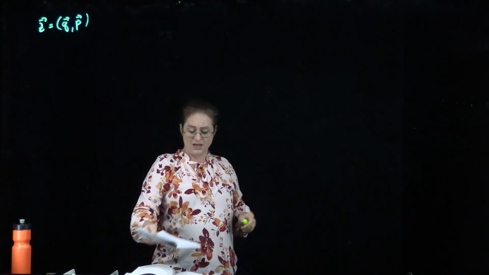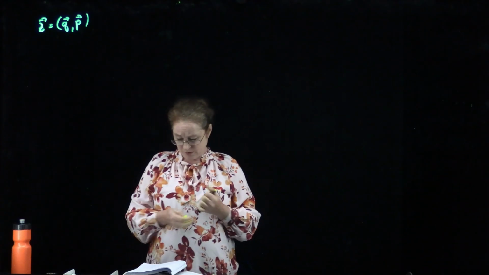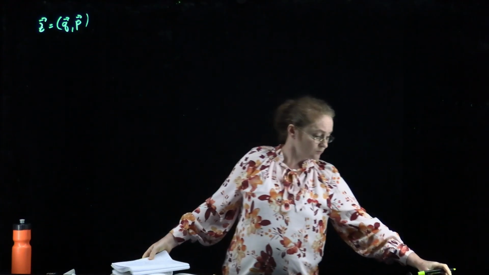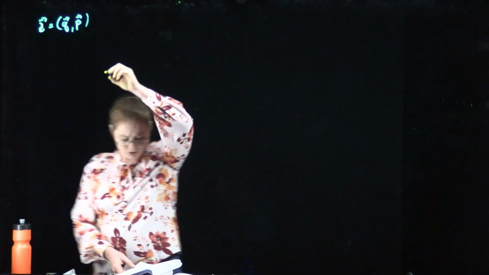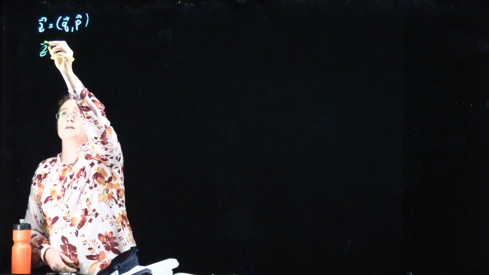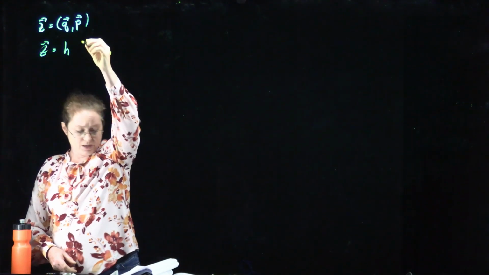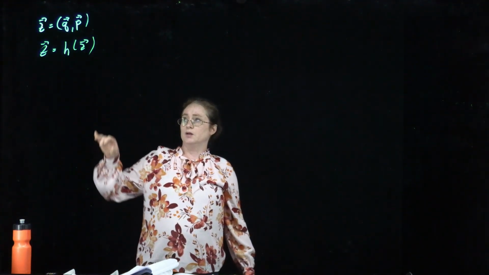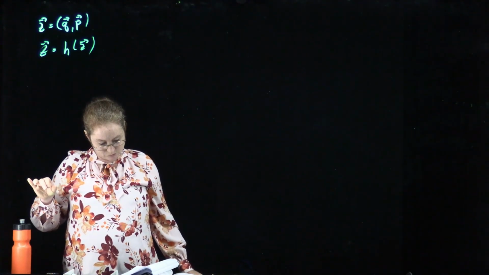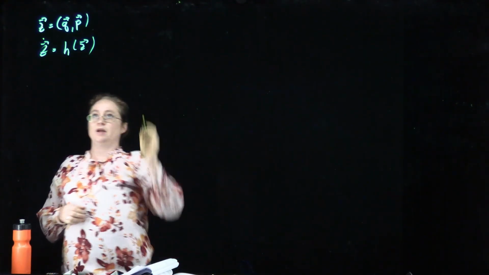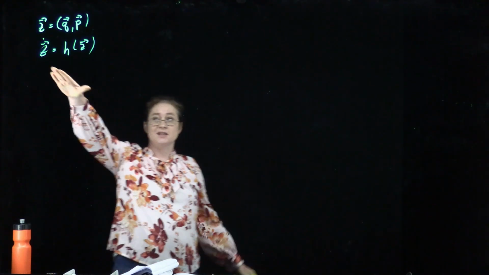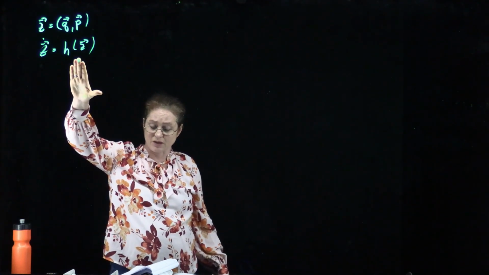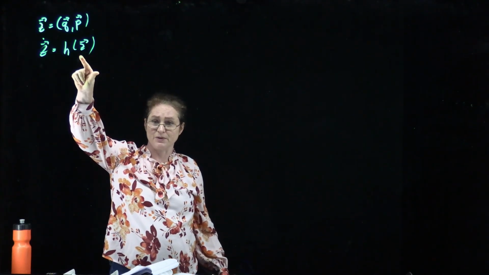So because phase space orbits are described by a function, z dot is equal to some h of z, you have a specific velocity in phase space for a specific position.